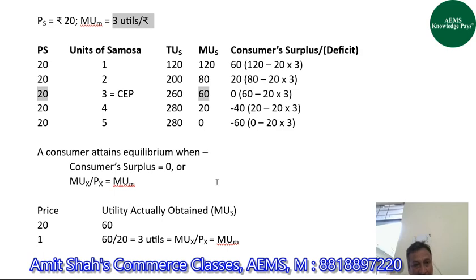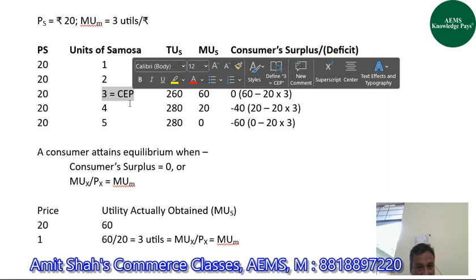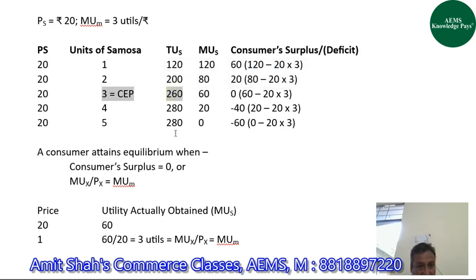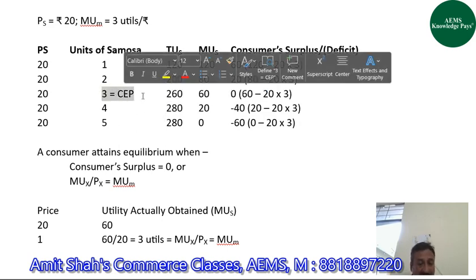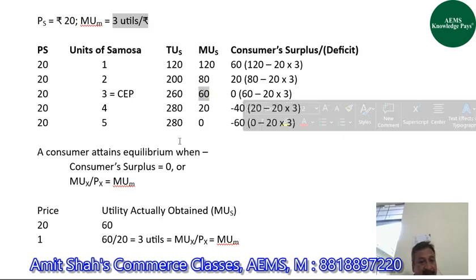So by spending 1 rupee, he is getting 3 utils. And that is why his equilibrium point would be 3 samosas. Though for 3 samosas TU is 260, whereas for 4 samosas TU is 280, and the level of satisfaction is more than what it was here, yet his equilibrium would be 3 because he is also paying money for it. And for every rupee of money, he has some expectation, and that expectation is meeting here.